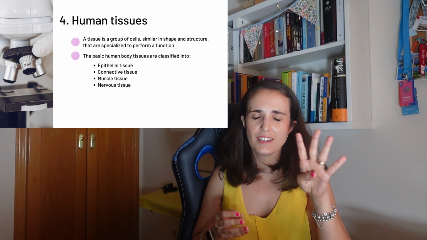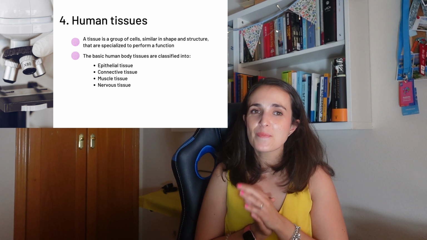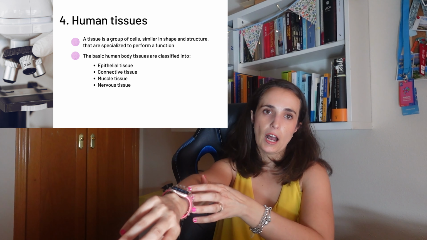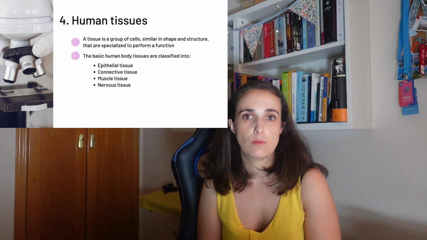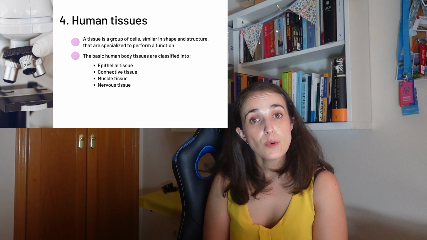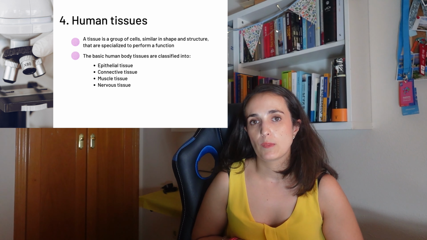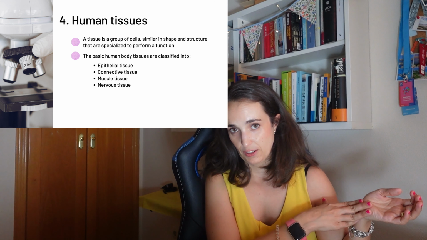Why is it 4? Well, muscle tissue is the tissue that joins bones to help them move, because bones alone can't move, okay? And nervous tissue is all the tissue related with the nervous system. It could be neurons, it could be nerves. We will see them later.